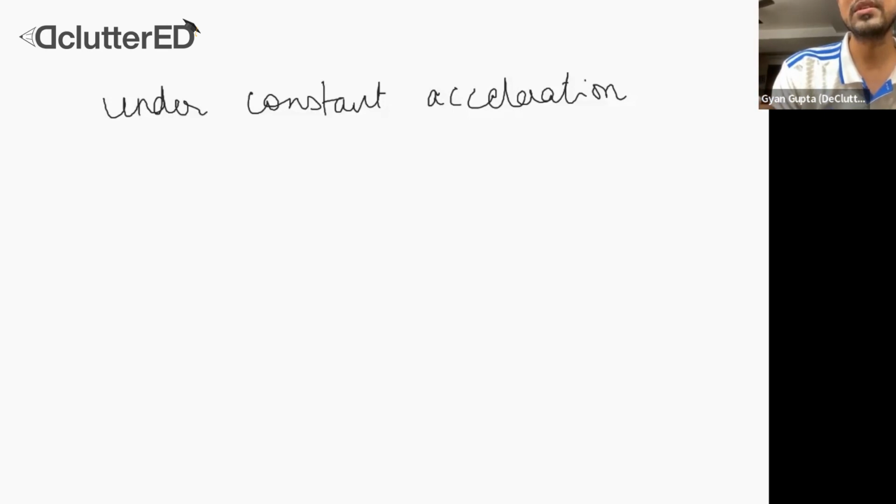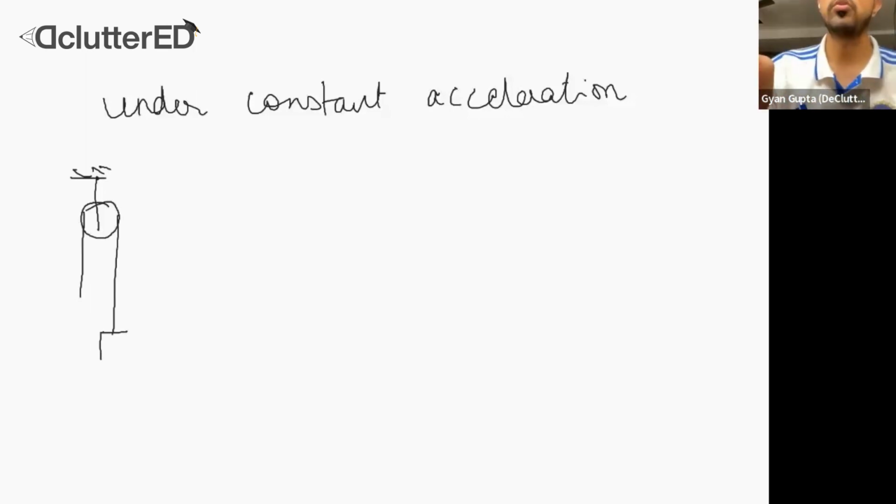A basic Atwood machine will look like a pulley having two masses, M1 and M2, suspended from it, and the pulley is fixed to the ceiling.